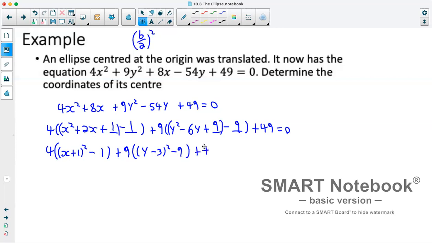plus 49 equals 0. We'll expand this out slightly, so we've got 4 times x plus 1 squared minus 4 plus 9 times y minus 3 squared, and then 9 times negative 9 would be minus 81 plus 49 equals 0.